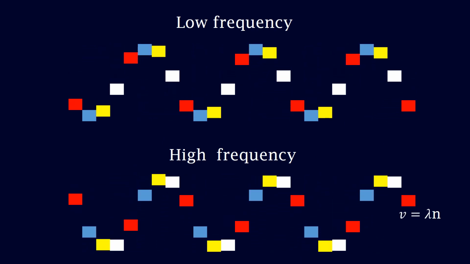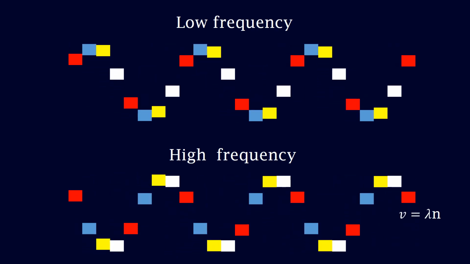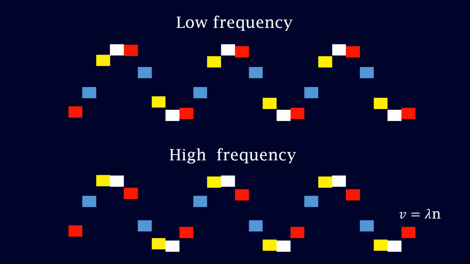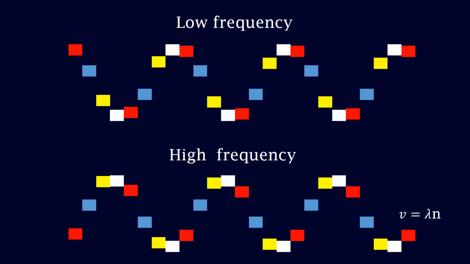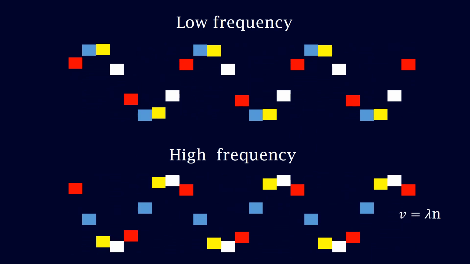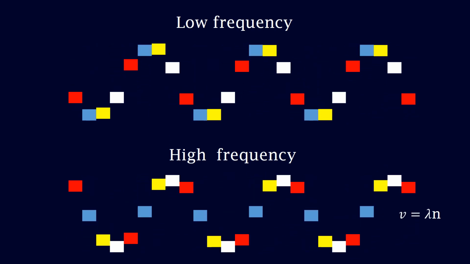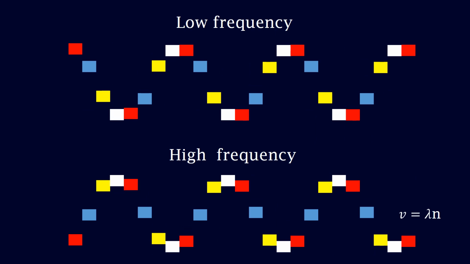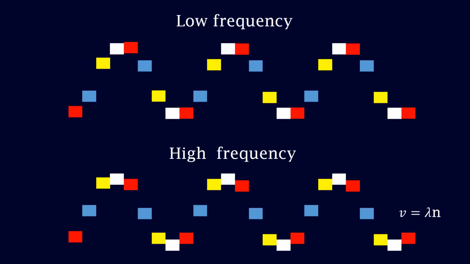Did you notice that for the same wavelength, high-frequency sound travels faster than low-frequency sound? So, we can say wave velocity depends upon the frequency of the wave. The equation for the wave velocity is given by v = nλ. Here, n is the frequency and λ is the wavelength.